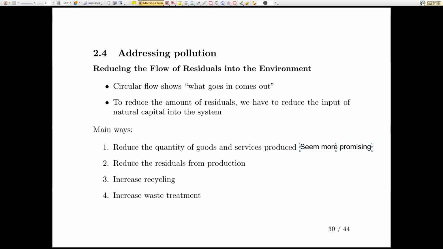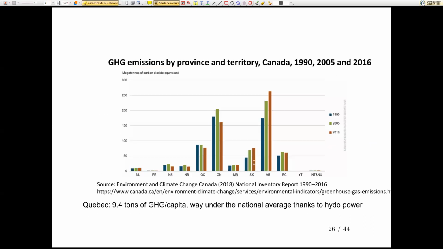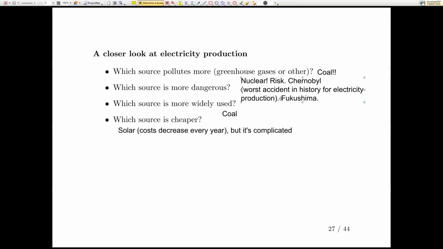What about 2, reducing residuals from production? No takers, increasing recycling. Maybe now you're worried about what's coming, so you're thinking, oh, I shouldn't commit myself because maybe that's not the right answer. Oh yeah, by the way, I'm going to remove this because you can't say that it's the most dangerous.